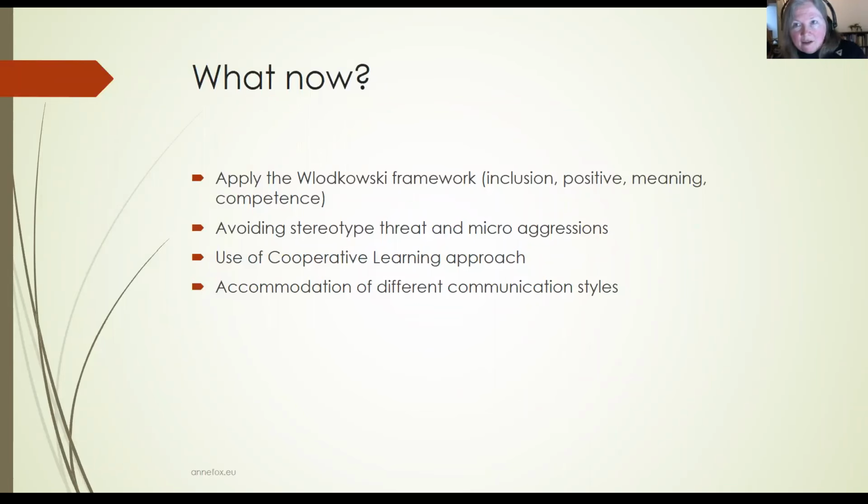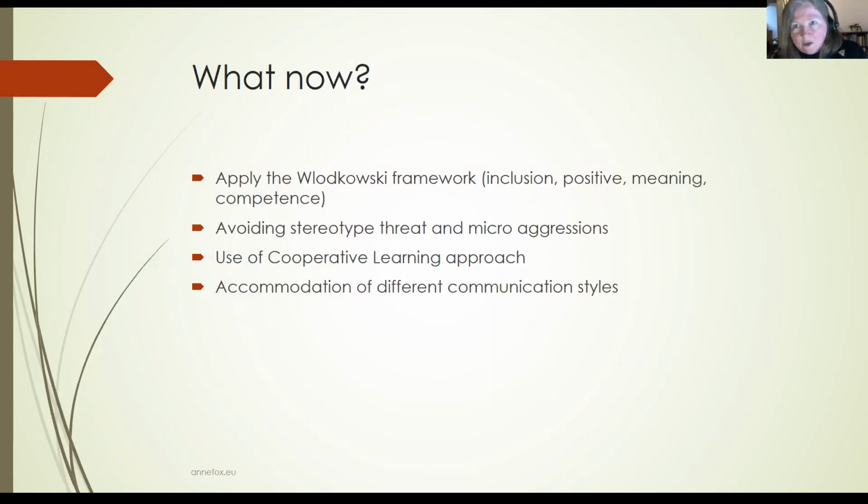So we're back to this thing about trying to be explicit rather than making assumptions. The use of the cooperative learning approach, which, as I've said, has been found to be very useful, and the accommodation of different communication styles. So those are the things which I think have value.